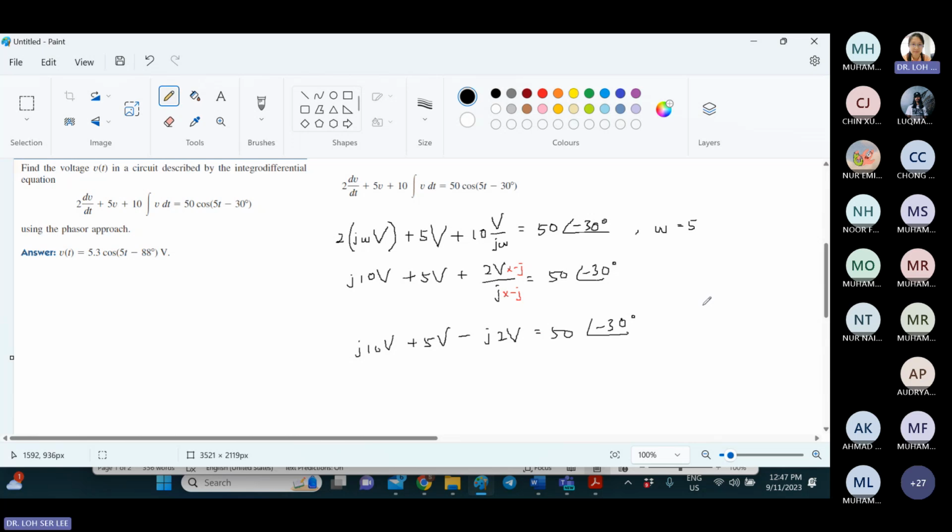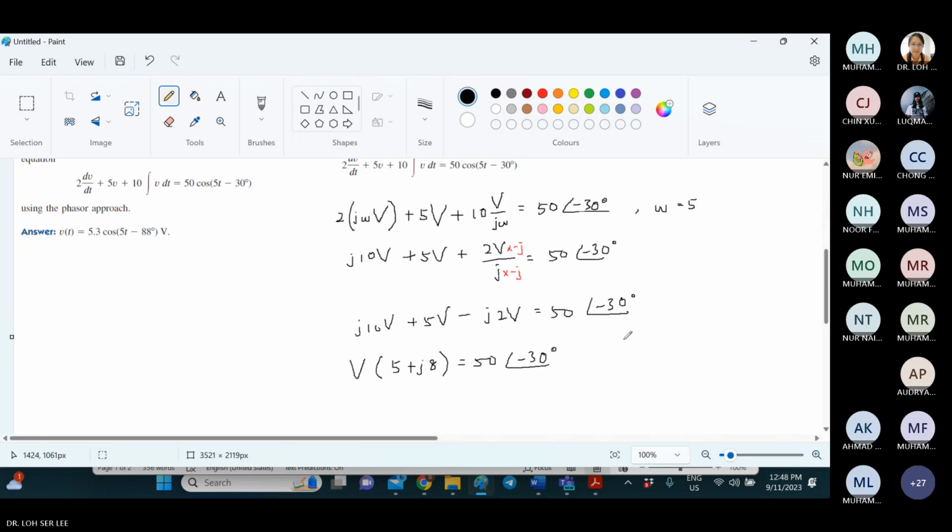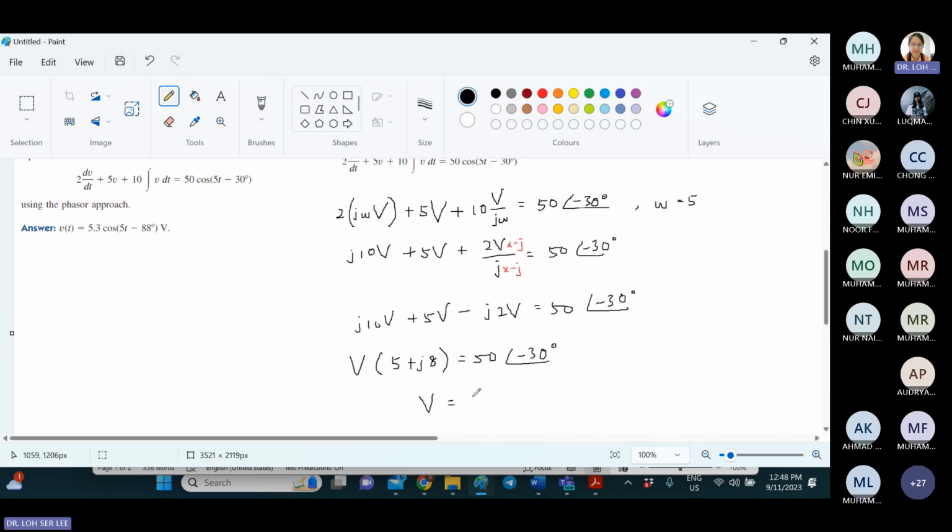Then factorize the V. You have 5, and this 2, 10 minus 2, you get plus j8. Then we want to get the V, so we move the 5 plus j8 to the right.